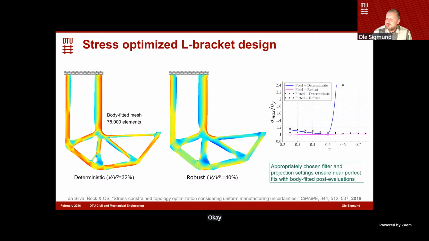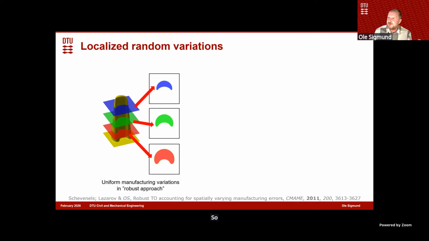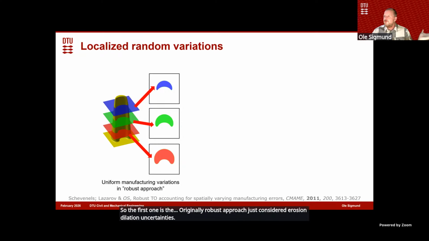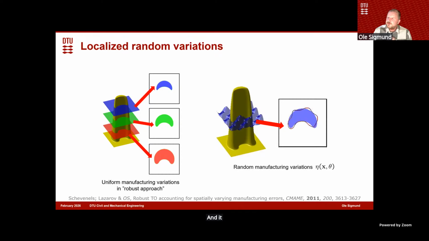Okay, so now this was the standard robust approach. I still have 10-15 minutes here, so let me proceed to slightly more advanced filtering. So the first one is the original robust approach, which just considered erosion, dilation, uncertainties. You could also ask, hey, some processes are more random, so there's random perturbations of the boundaries, and it turns out we can actually model that with almost the same approach.